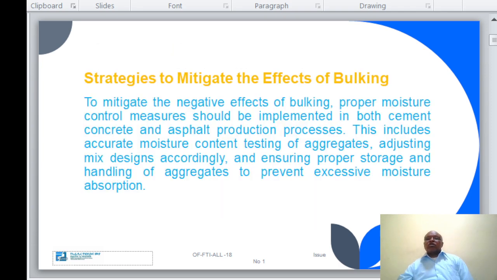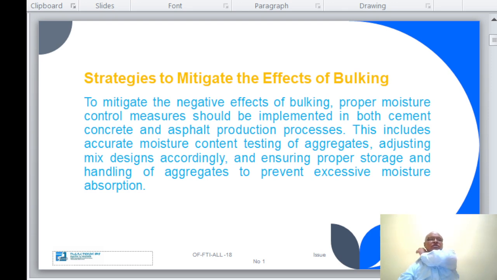Now let us proceed to the strategy to mitigate the effect of bulking. To mitigate the effect of bulking on concrete and asphalt production, producers can implement several strategies. One common approach is to properly store and handle aggregates to prevent moisture absorption.